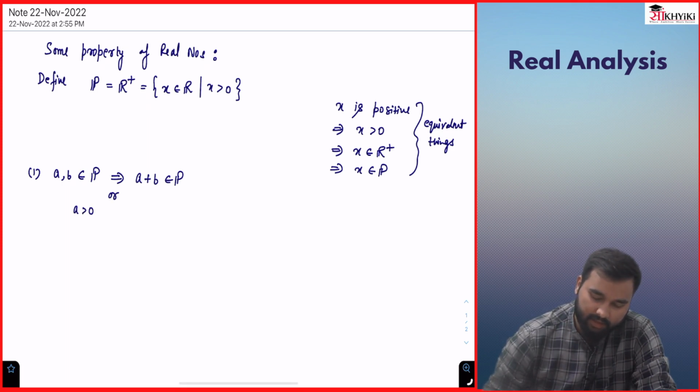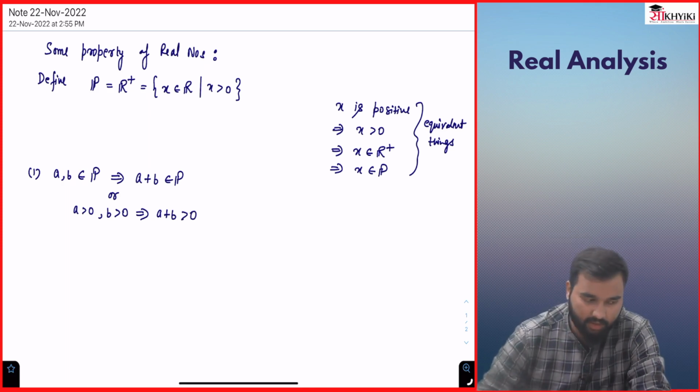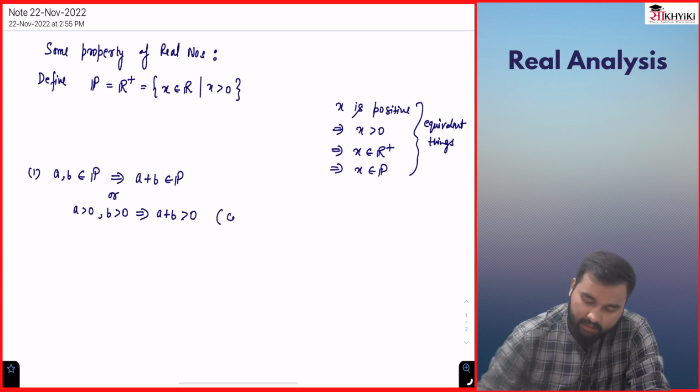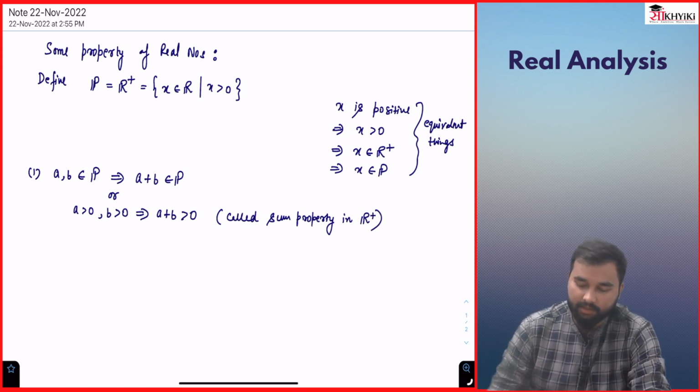If A is greater than 0 and B is greater than 0, then their sum A plus B is also greater than 0, and this is called the sum property of positive real numbers in R plus.